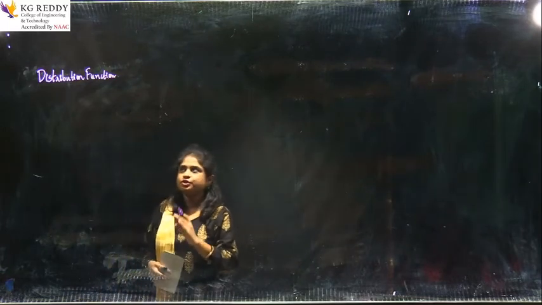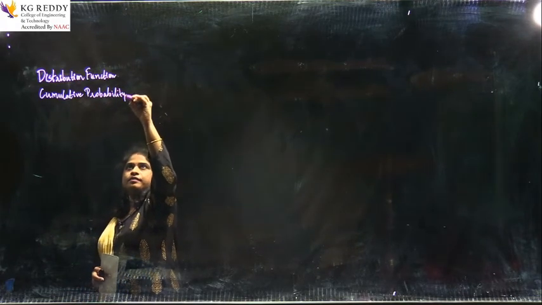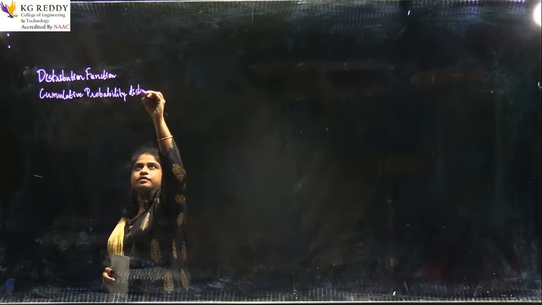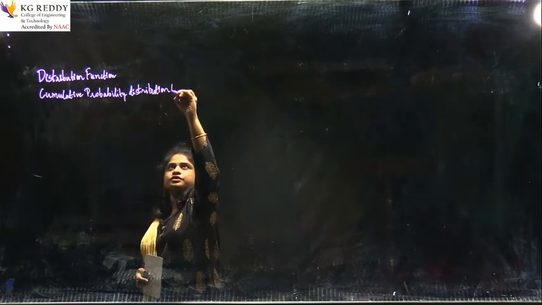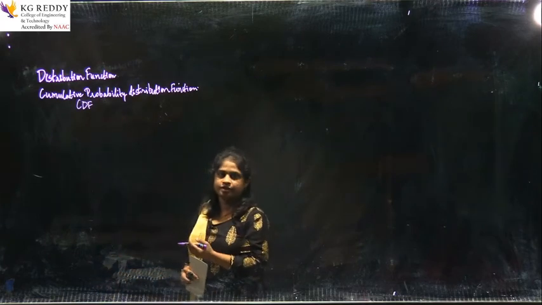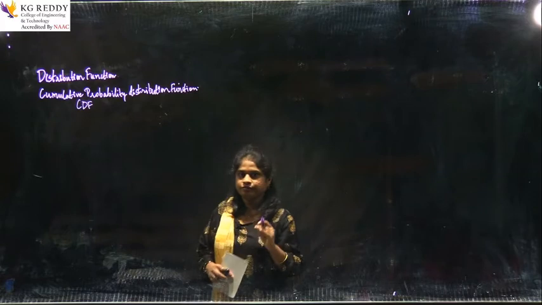So, this distribution function is called the cumulative probability distribution function. It can be written as CDF, or it can be just called the probability distribution function.